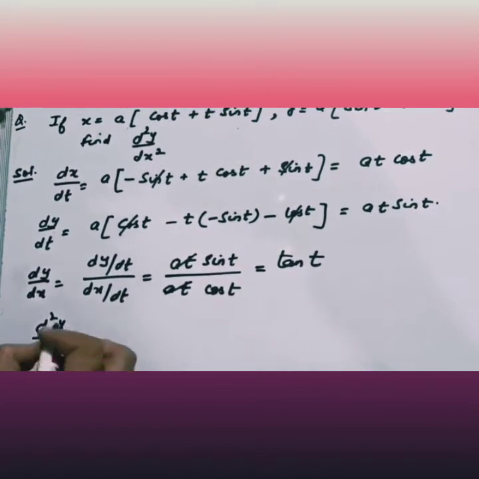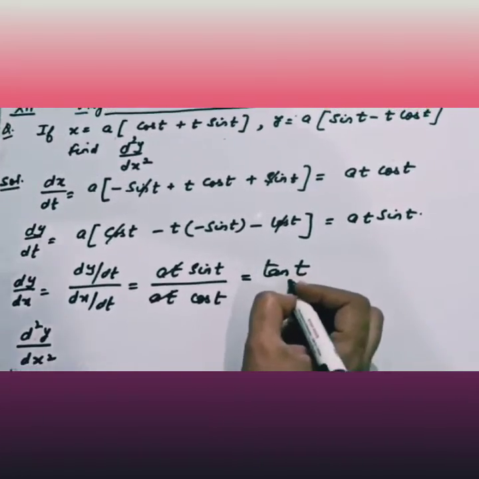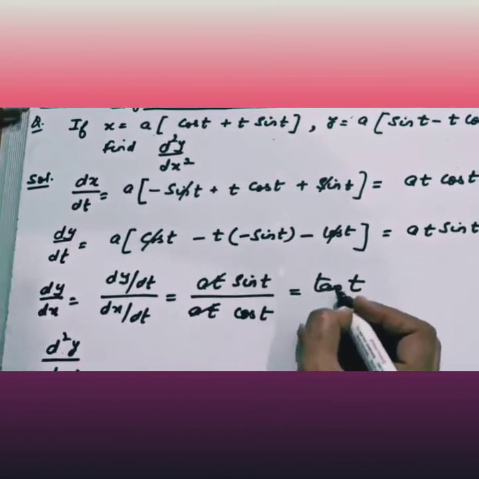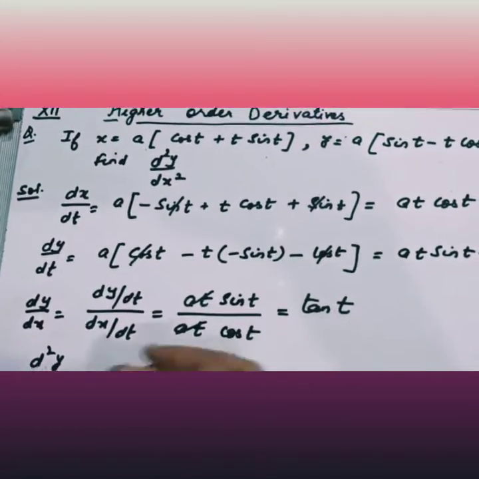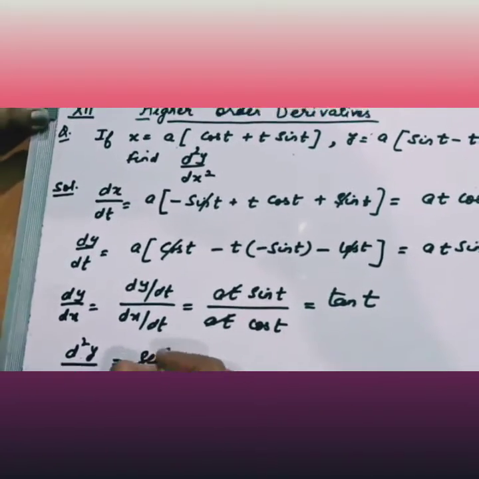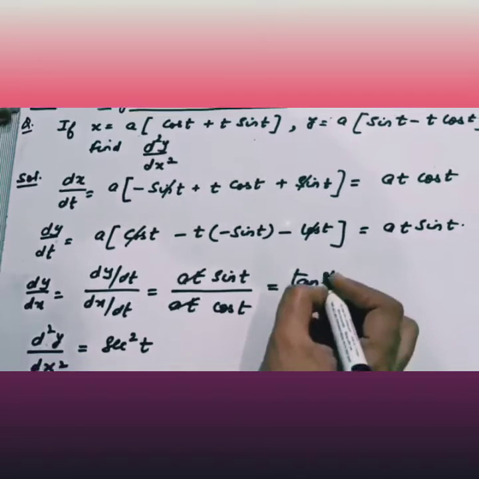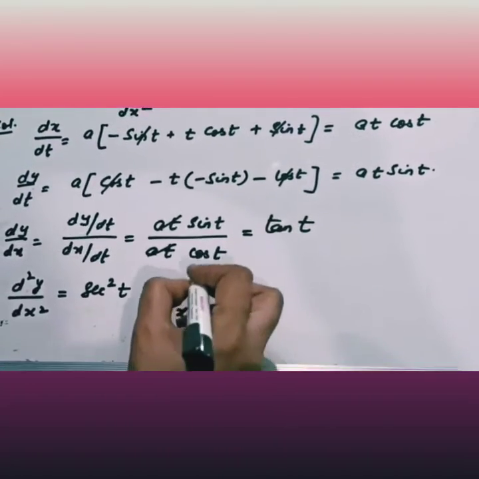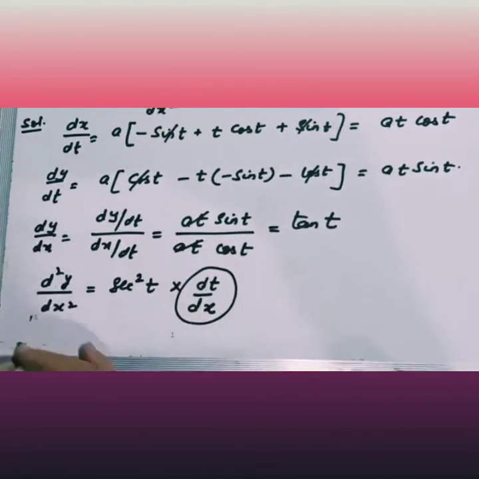So if you differentiate this tan t, which is in terms of t, first we apply the derivative of tan t, that is secant square t. As the variable is t, we have to differentiate this t with respect to x. So this is a very important factor here.